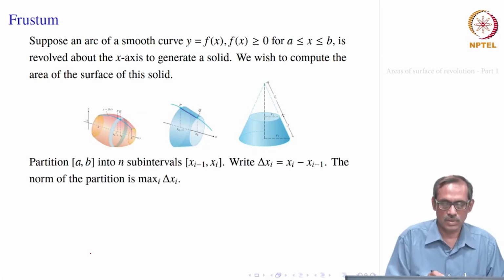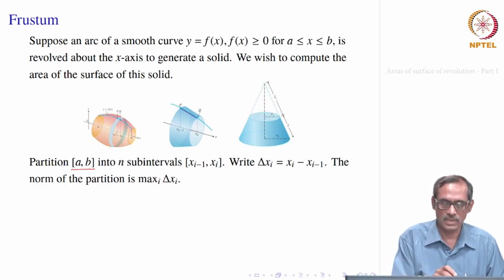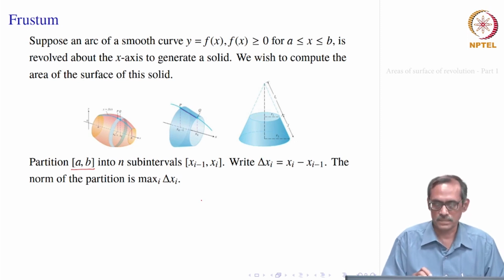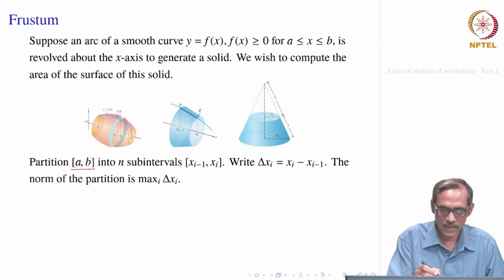Okay. So, that means we take a partition and this interval a to b is divided into say n sub intervals, which may not be of uniform length, by choosing some points x 0, x 1 up to x n, where x 0 is a and x n equals b, as usual for our partitions. Now, in each of the sub intervals a band is generated.